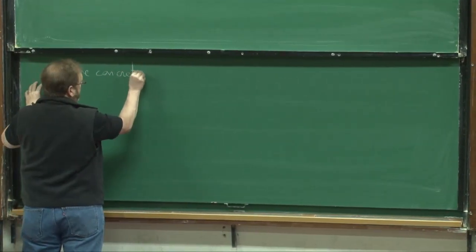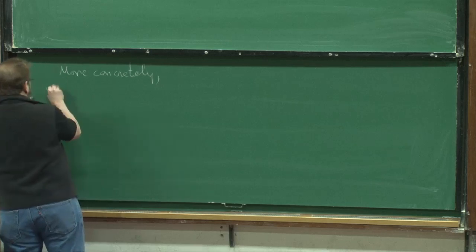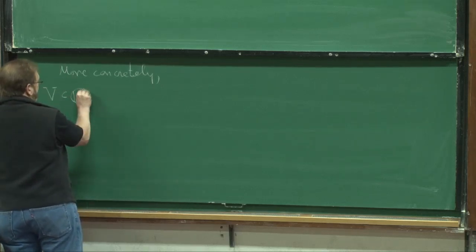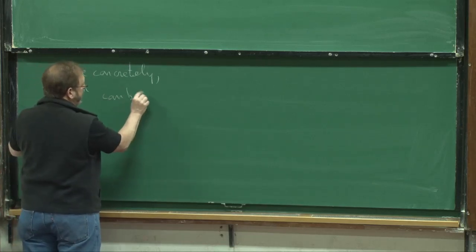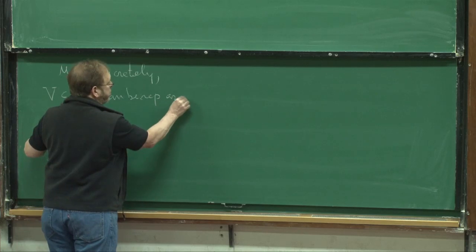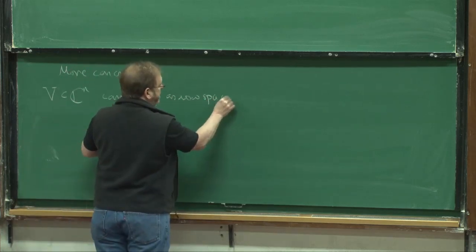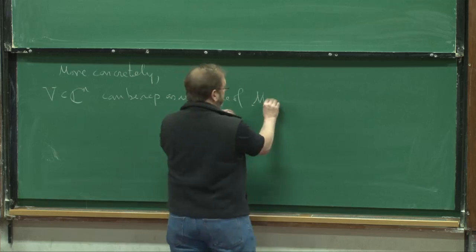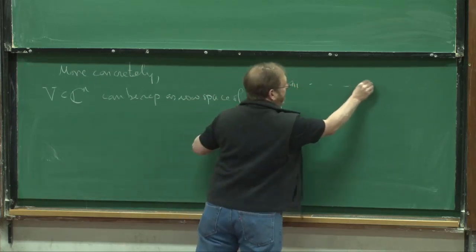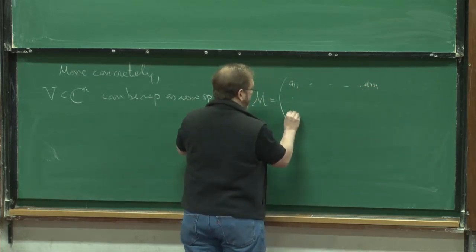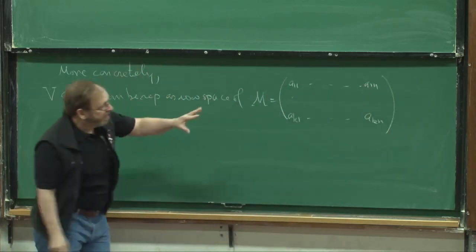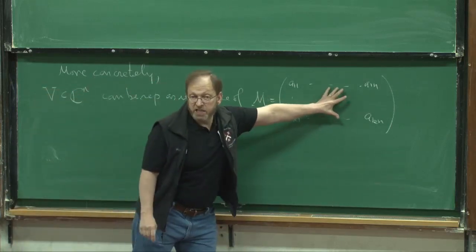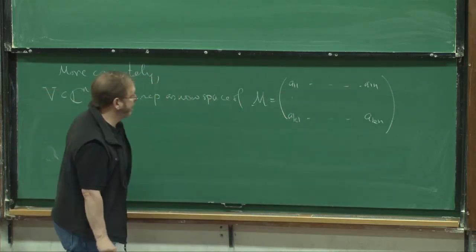More concretely, this subspace V in C^n, this k-dimensional vector space, can be represented as the row space of a k by n matrix, with entries a11 up to a1n, down to ak1 up to akn. So I can represent the linear subspace as the span of the rows of a matrix like this.